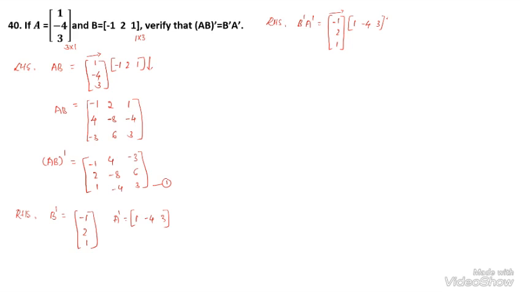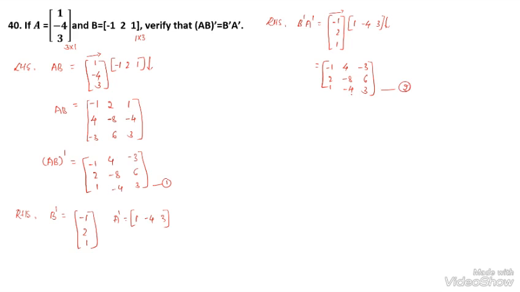Taking row by column, the multiplication is minus 1 into 1, minus 1; minus 1 into 4, minus 4; minus 1 into 1, minus 1. Minus into minus plus 1, 4 is 4. Minus 1 into 3, minus 3. 2 1s are 2, 2 4s are 8, and 2 3s are 6. 1 1 is 1, 1 4 is minus 4, 1 3 is 3. Okay.